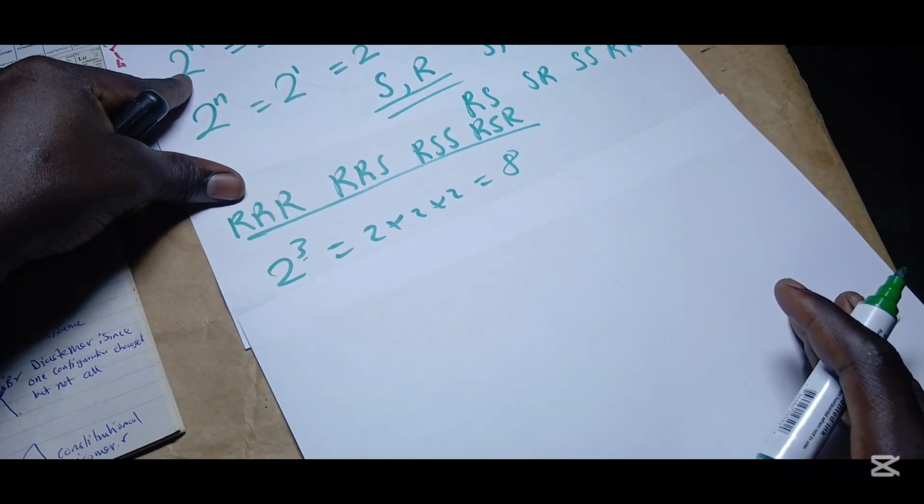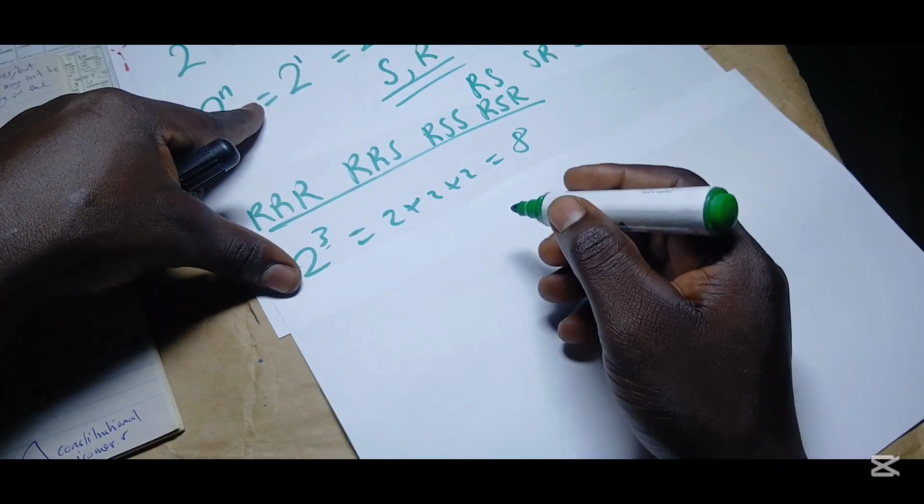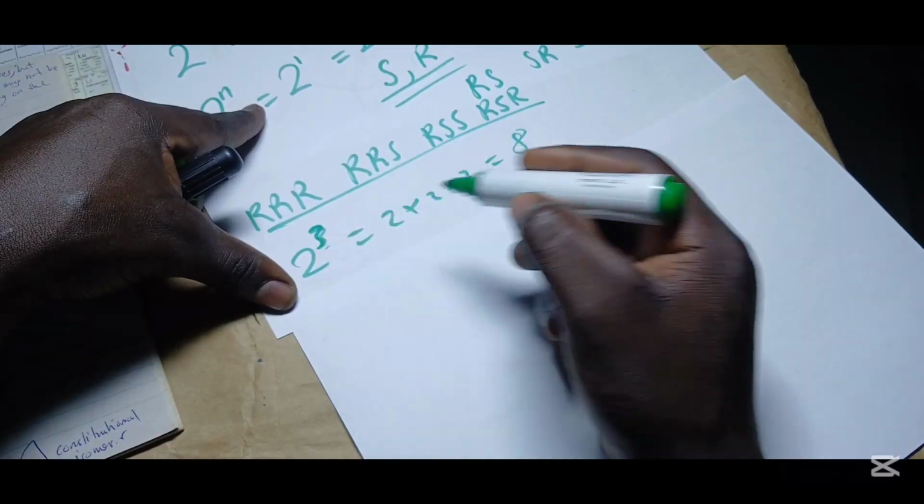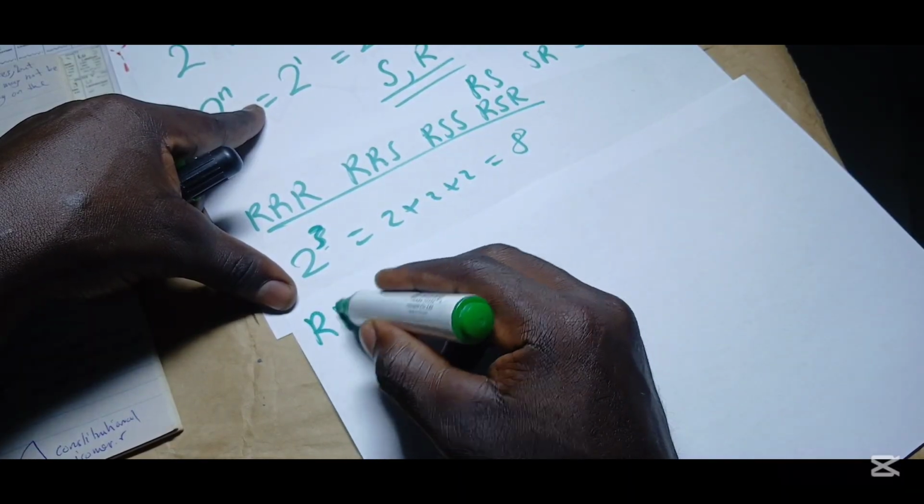Let's generate this and see. We are looking at 8 stereoisomers. 3 means 3 chiral centers, so we have to start with 3 of those.